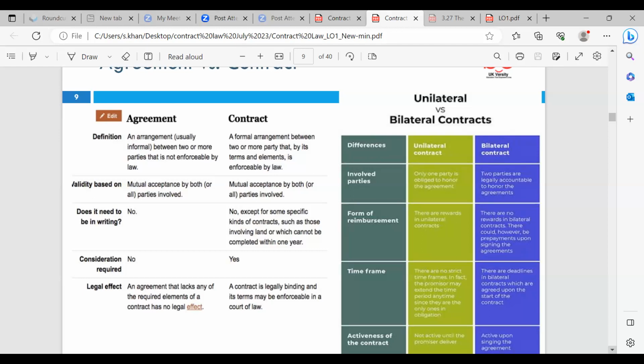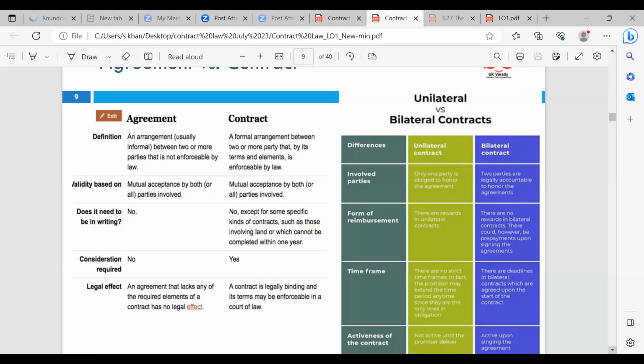So a contract is where, if someone breaches the contract, you could take that person to court and it's enforceable by law and it has terms in it. So a term may be that you cannot do this or you cannot do that, and it has elements of the contract, whereas an agreement is not enforceable by law. It's just an informal arrangement.